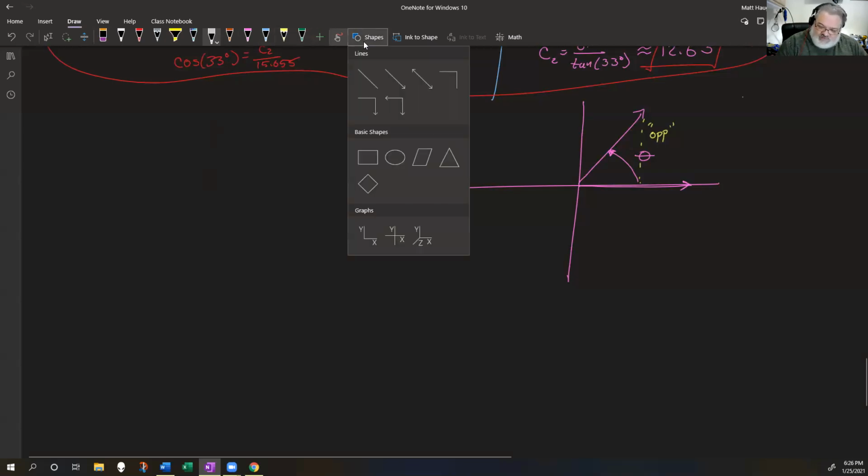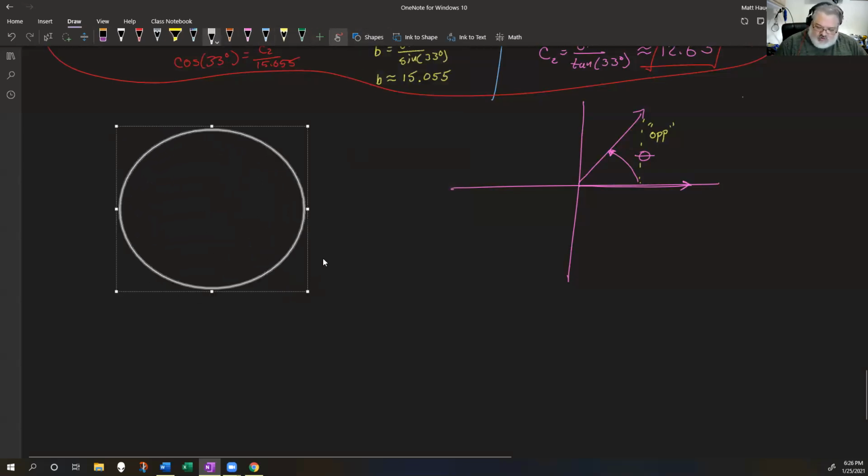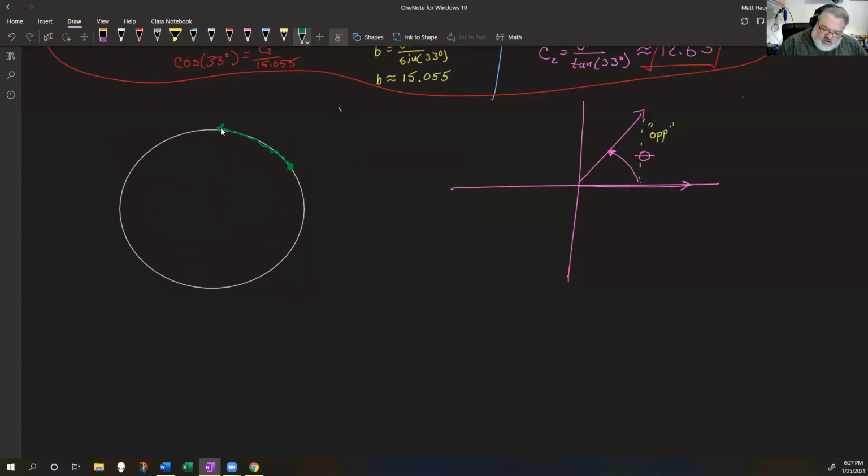So if you're traveling along a circle, and we asked how fast are you going? Well, you'd be going so many feet per second, because you'd be traveling in feet.